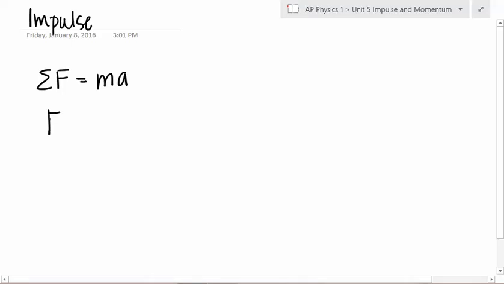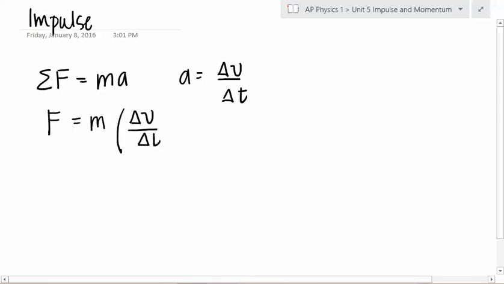So then that gave us F is equal to m times a, but a is really defined as the change in velocity over change in time, or dv/dt for those of you that are in calculus. So that would be like delta v over delta t. And then we multiplied the delta t on both sides and got this expression.